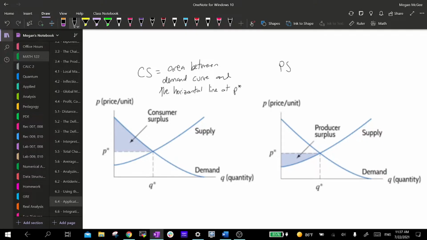And our producer surplus is the area between the horizontal line at P star and the supply curve. If you recognize this wording, we can use integrals to calculate the area between these curves, and so we can find the total consumer surplus and producer surplus in that way.